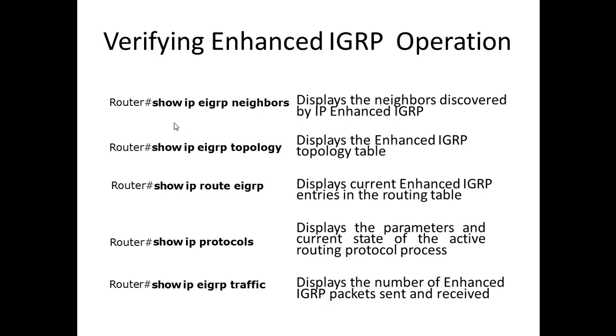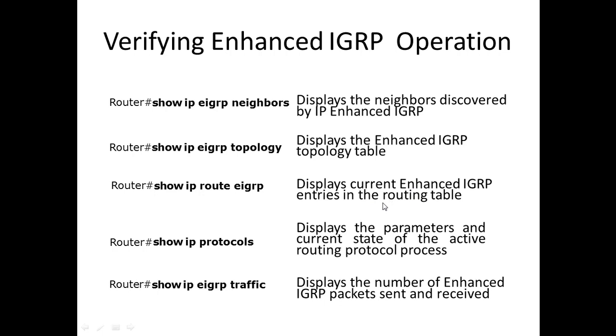And this is the last slide actually, where you have to verify the EIGRP operation. The first thing that this protocol does is display the neighbors discovered by the IP enhanced EIGRP protocol, and after that it displays the topology table. After that, the current EIGRP entries in the routing table are displayed.